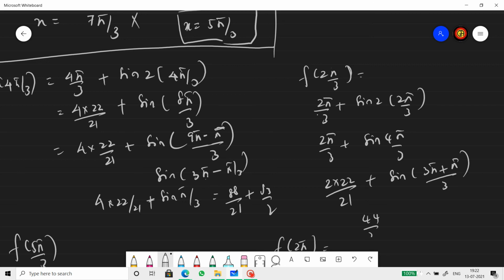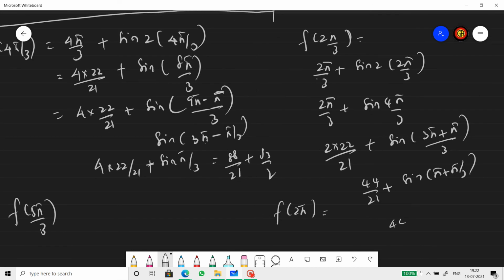So 44 by 21 plus sine of pi plus pi by 3, 180 plus theta. 44 by 21 minus sine pi by 3.